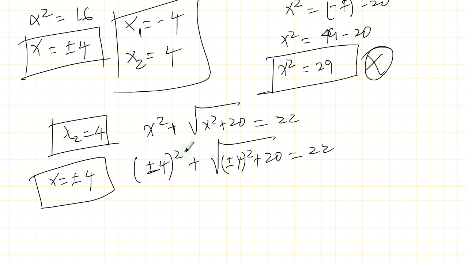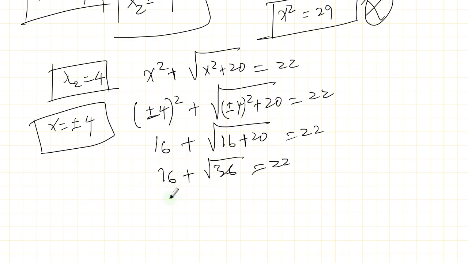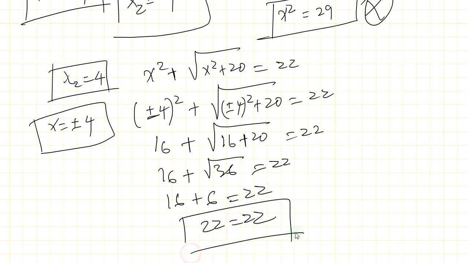Because plus squared is positive and minus squared is positive. So we're going to have 16 here plus, and then the same thing, 16 plus 20 under the root, and we have 22 here. We got 16 plus the square root of 36. This is 6, and then from here we have 16 plus 6 equals 22, and actually we got 22 equals 22.